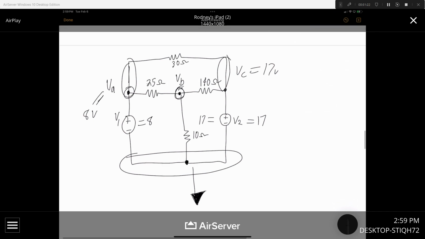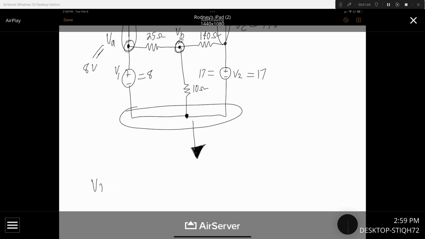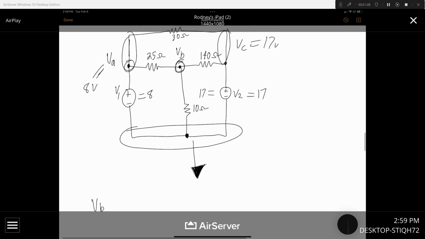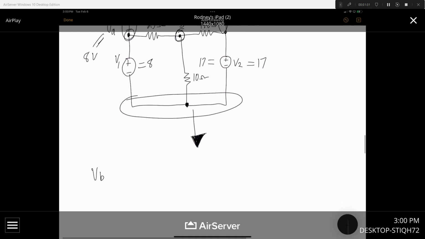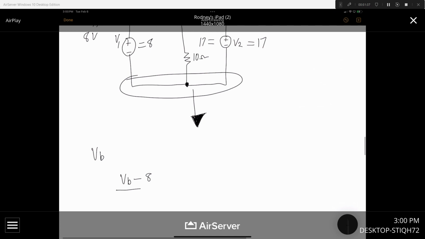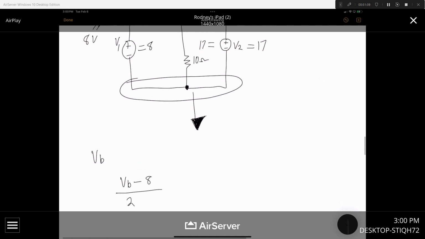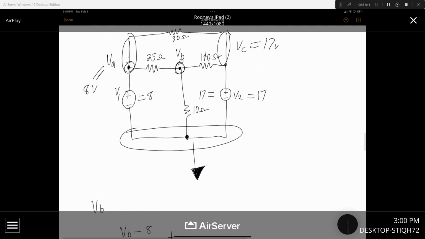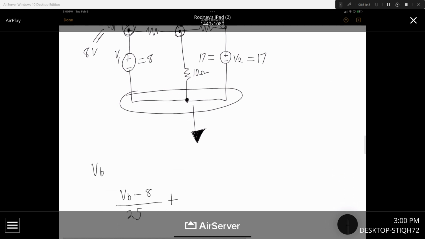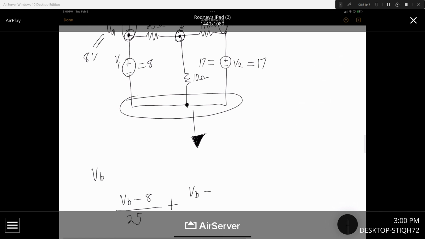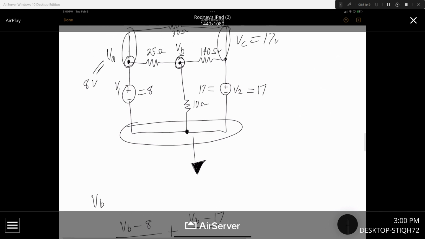So for VB, we're going to do VB minus 8, which is VA, divided by 25, plus VB minus 17 divided by 140.